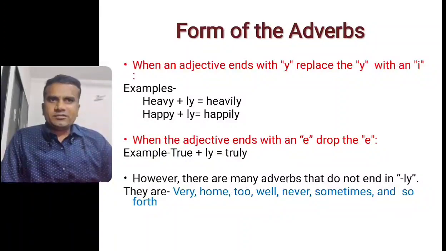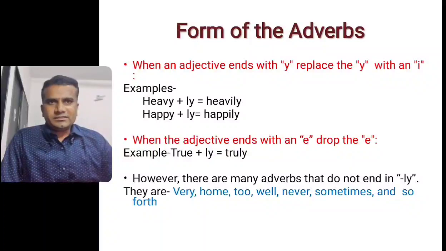When the adjective ends with an e, drop the e. This is the next way of forming an adverb. The example is given here. You can also see on the screen. Example is true, T-R-U-E.